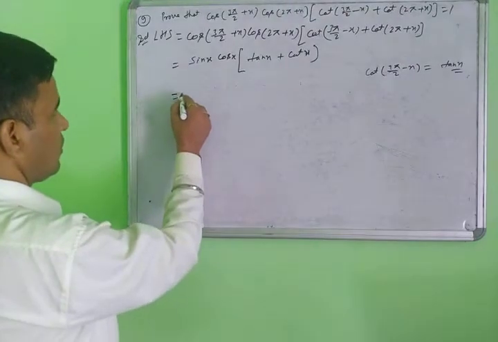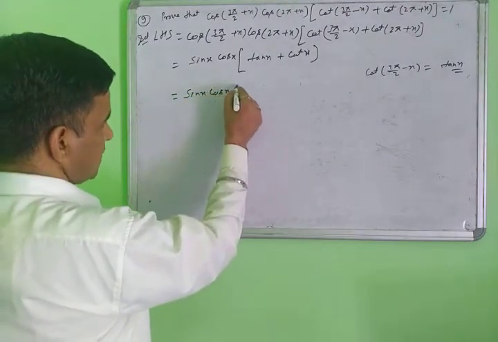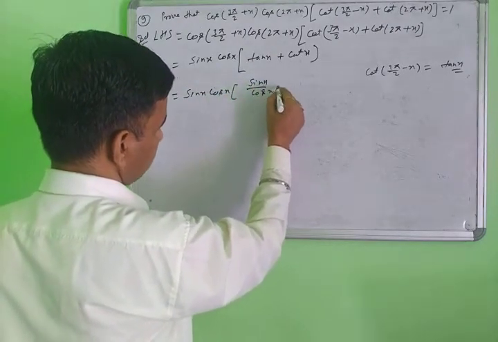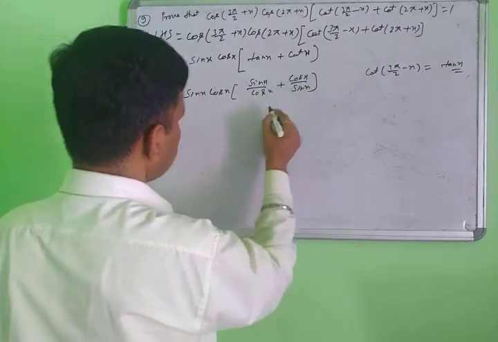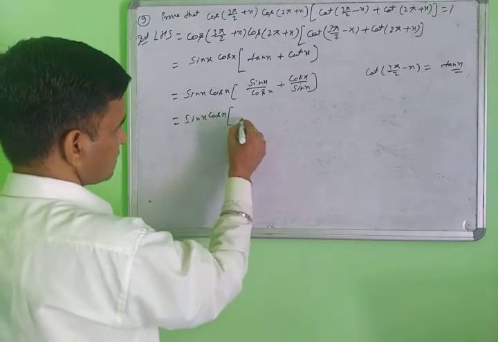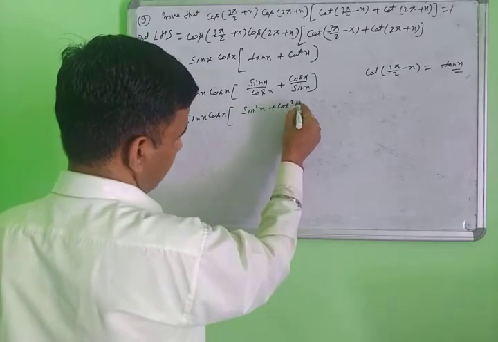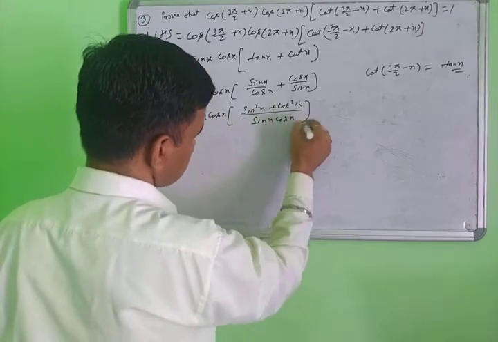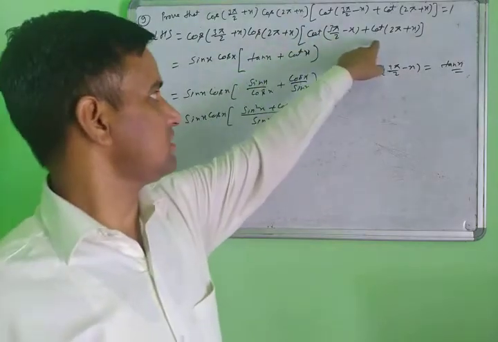So now we have sin x cos x, converting this to sin x upon cos x plus cos x upon sin x. Taking the LCM, sin x and cos x, the numerator is sin square x plus cos square x. Now look here: the first value is tan x, the second is cot x.